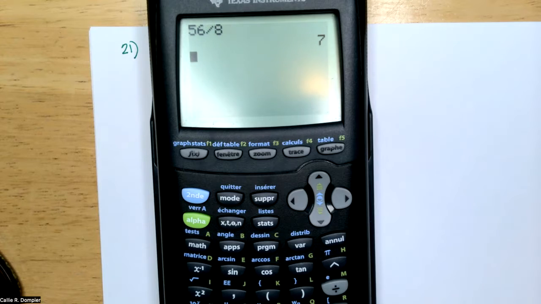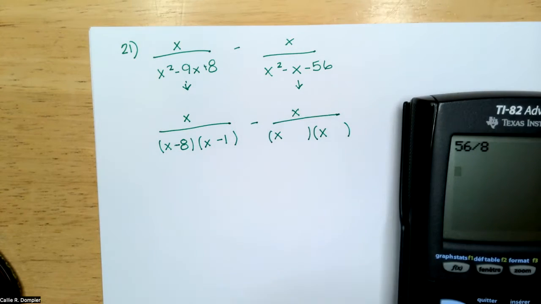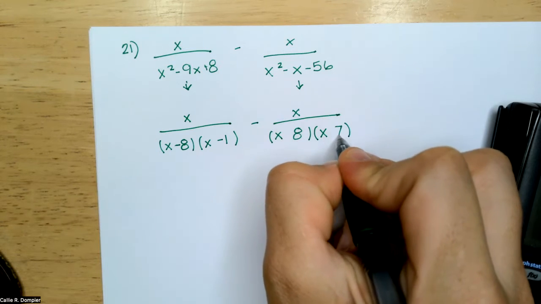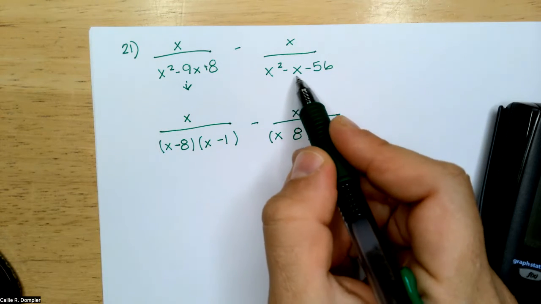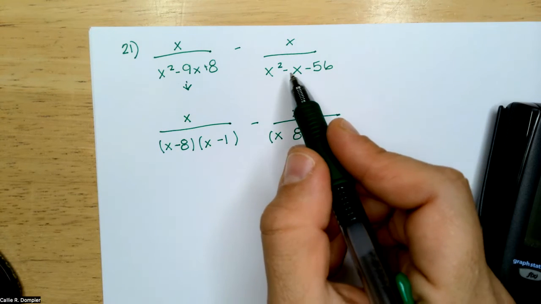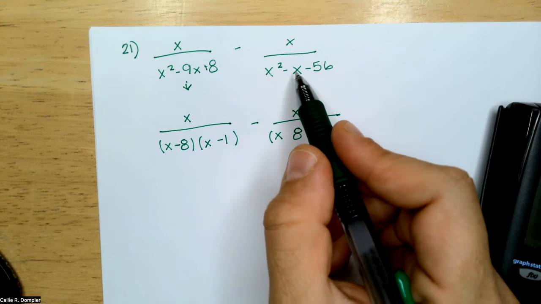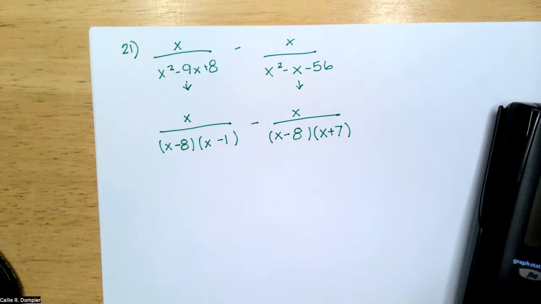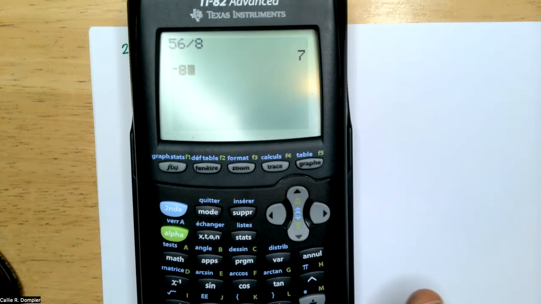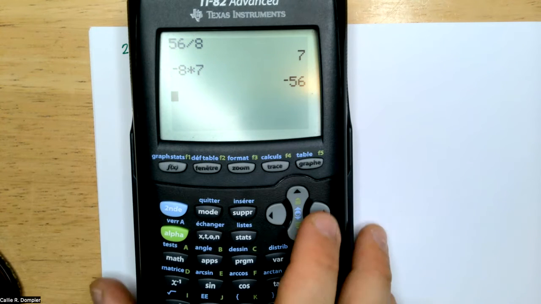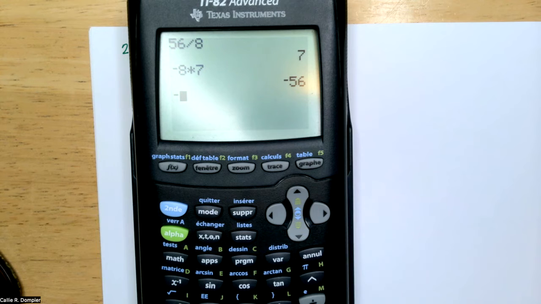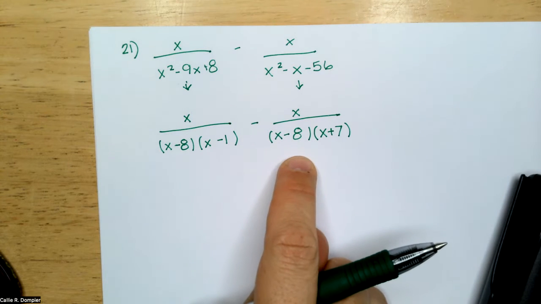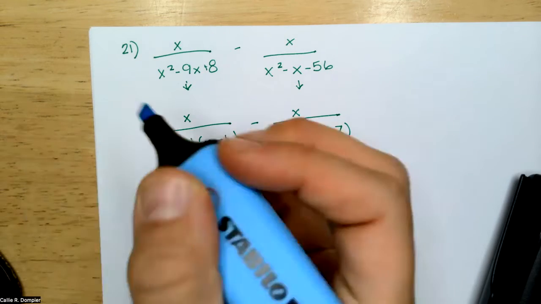If I divide it by 8, I get 7. So I have an 8 and a 7 as my factors because 8 and 7 have a difference of 1. It's going to multiply to a negative 56, but it's going to add to a negative 1. So if I say negative 8 and positive 7, negative 8 times positive 7, I get negative 56. And then negative 8 plus 7, I get negative 1. So that fits.